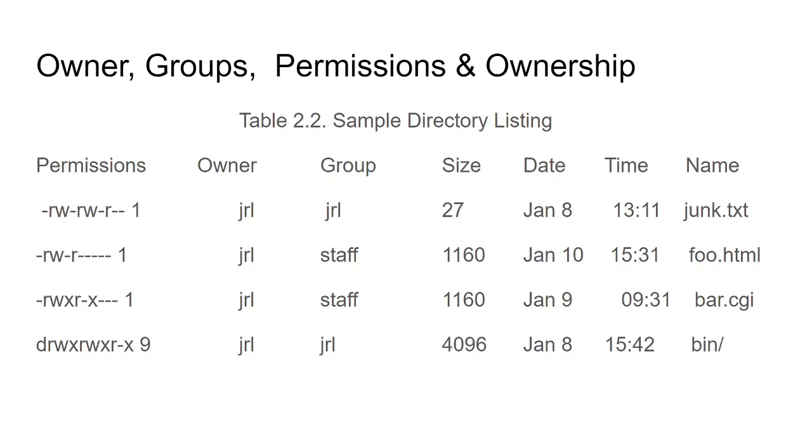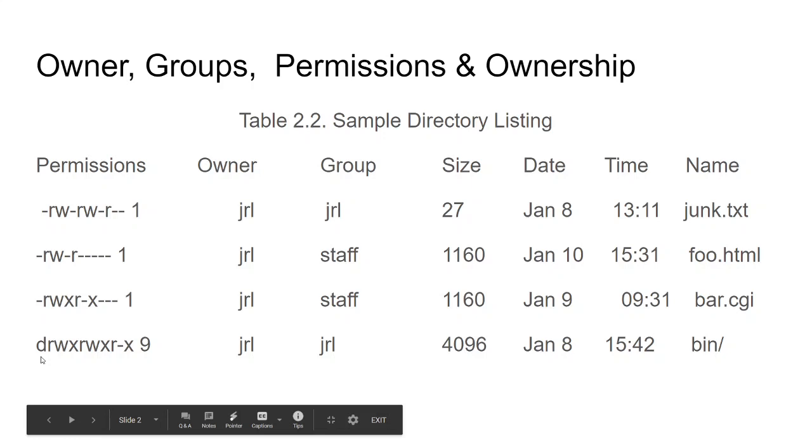The permissions are given in three groups: one is the user, another is the group, and the other is the world, or others who are using the system. The first symbol, a minus or a dash, represents a file, or if it is a d, it represents a directory.